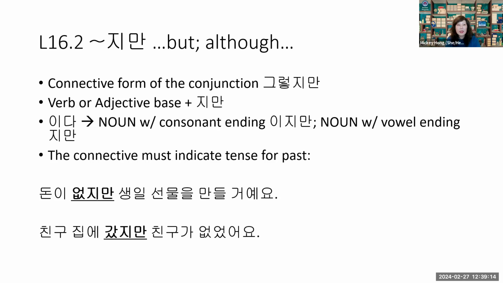For 이다, if the noun ends in consonant, you put 이지만, otherwise, just 지만. Yes, this connective does take tense. So you can say 갔지만. Okay. 친구 집에 갔지만 친구가 없었어요. You had gone to your friend's, but your friend wasn't there.